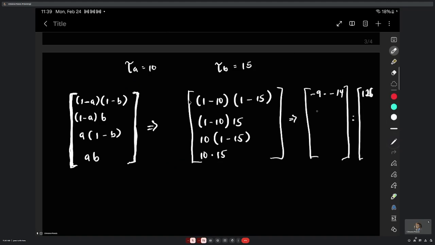So this will be minus 9 times 15, that's minus 135. This will be 10 times minus 14, right? And this is 150.